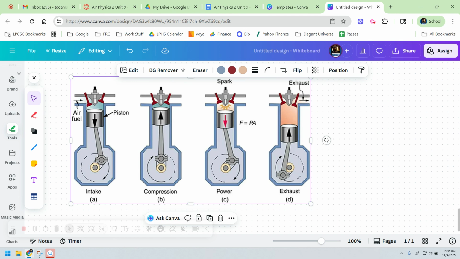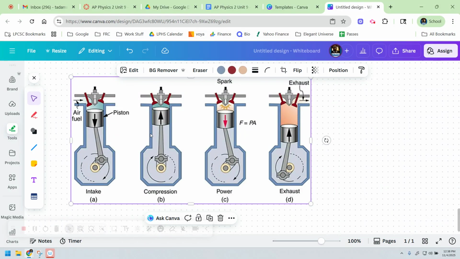B, during the compression stroke, the air-fuel mixture is rapidly compressed, and it's nearly an adiabatic process. But as the piston rises with the valves closed, work is done on the gas, right? So here we're doing work on the gas, okay?